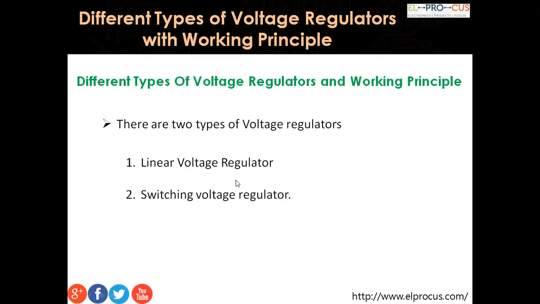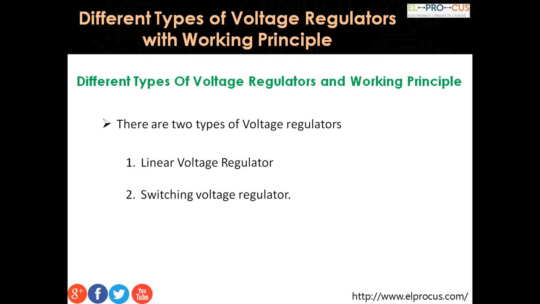In a linear voltage regulator, we get a constant output voltage by converting unregulated input voltage into a regulated one. The linear voltage regulator is again divided into different types, like series and shunt. In series, we can use a Zener diode. In shunt, we can use a BJT or any type of transistor.